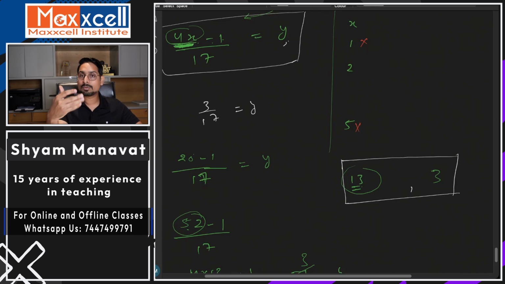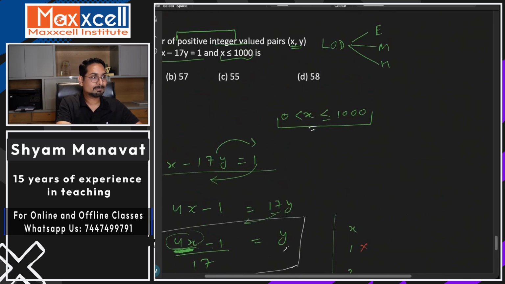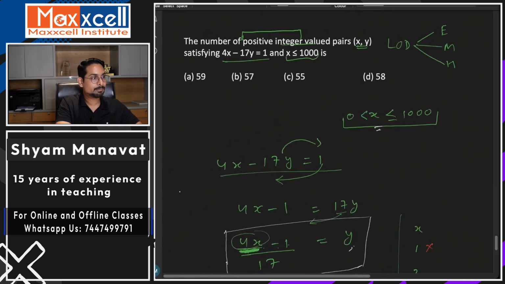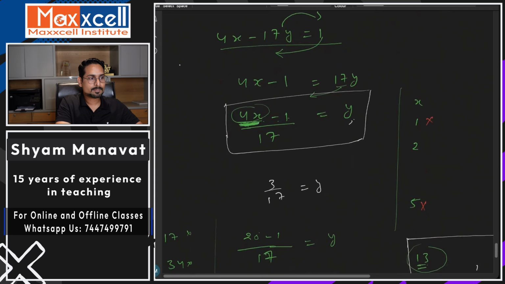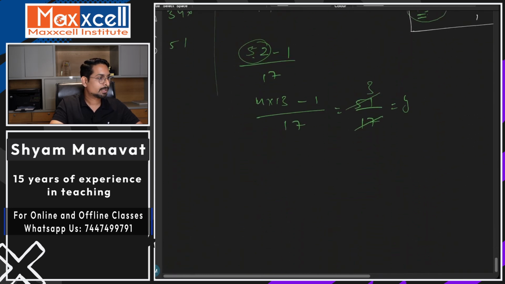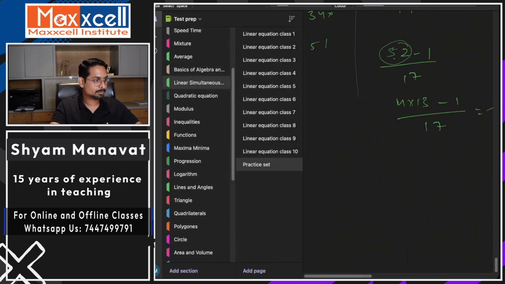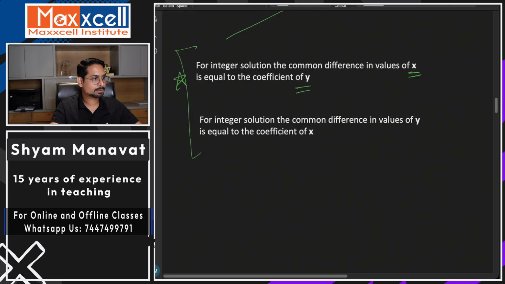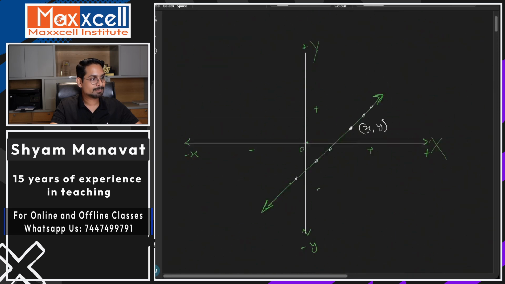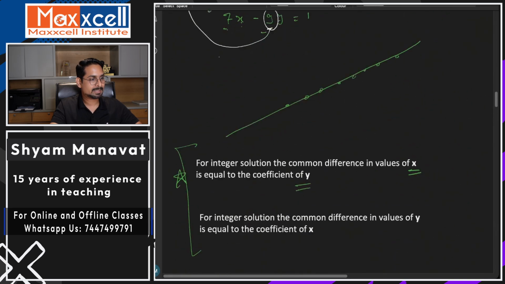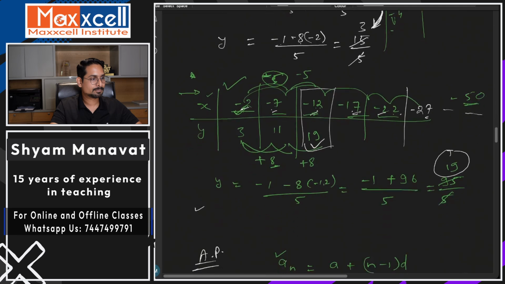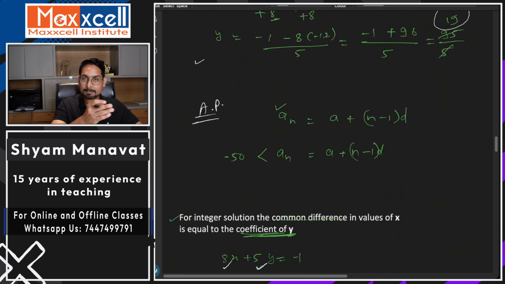And then we can increase values of x, and we can go up till 1000. And the question is how many integer values you will have. Now, if you have gone through lecture number 10, question number 2, I have explained there that if you have a bigger range, then we can use AP, arithmetic progression.